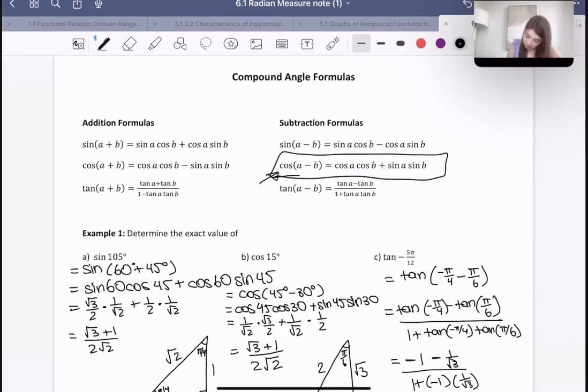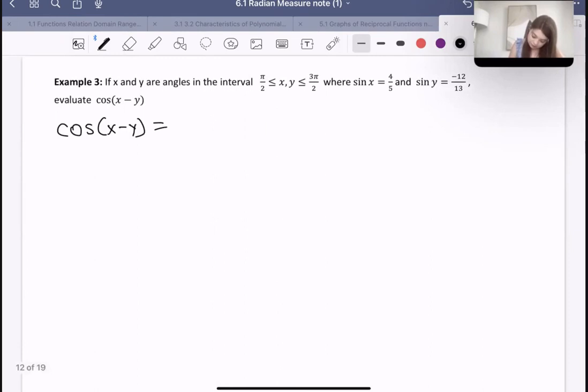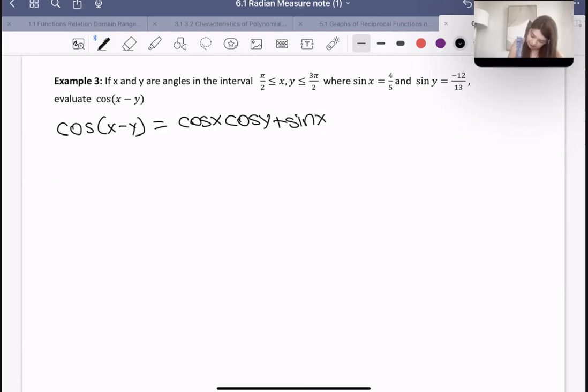Well, it would be cos x cos y plus sine x sine y. So let's write that down. Cos x cos y plus sine x sine y. Like that. Okay. So what is cos x and cos y?